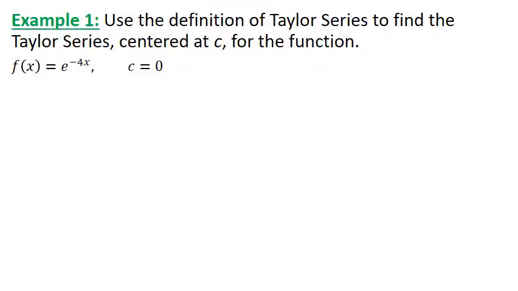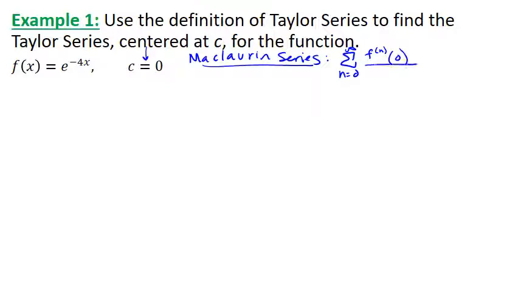It says use the definition of Taylor series to find the Taylor series centered at c. Well, since this is centered at 0, really I'm going to be finding the Maclaurin series. And the Maclaurin series, again, is the following, where c is 0.